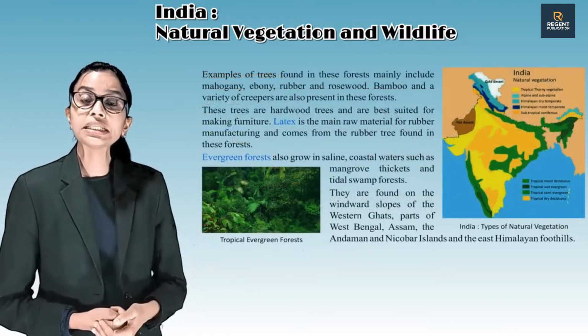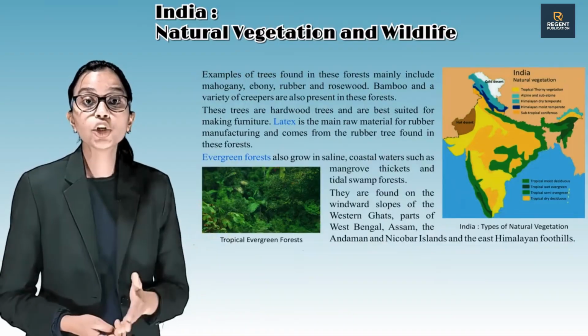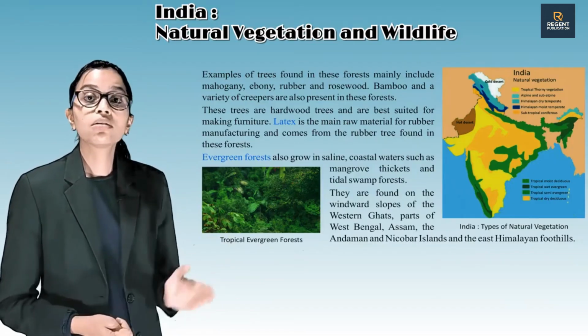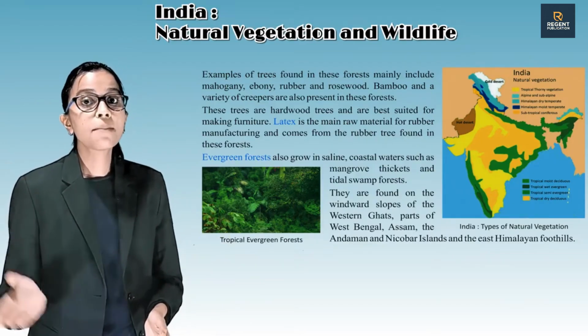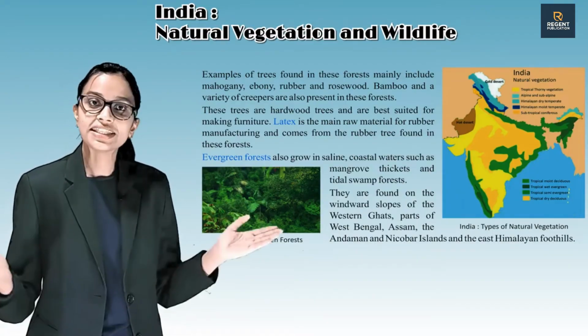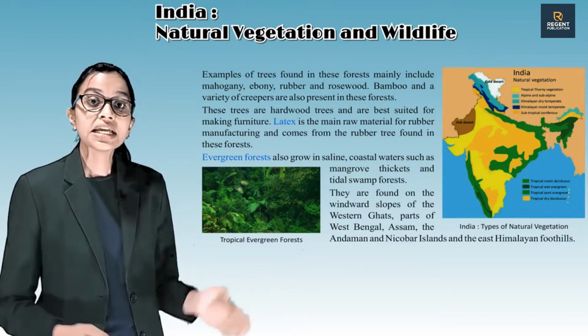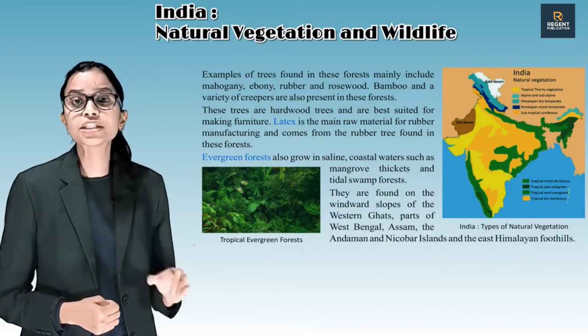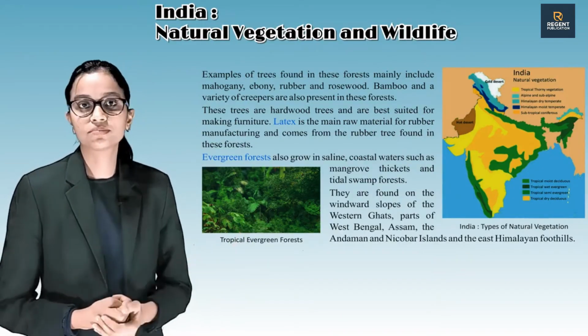Examples of trees found in these forests mainly include mahogany, ebony, rubber and rosewood. Bamboo and a variety of creepers are also present in these forests. These trees are hardwood trees and are best suited for making furniture.